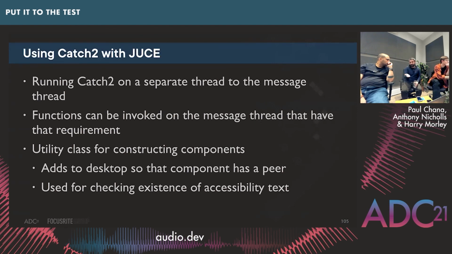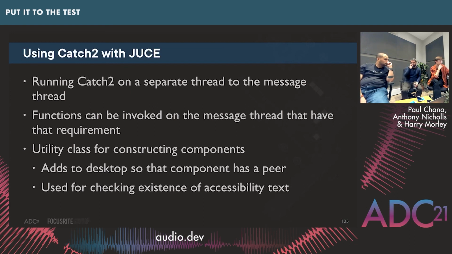And the other thing is that add to desktop has to happen on the message thread. And then on top of that, you have to make sure you've destructed the object on the message thread as well. So you have to construct it, add to desktop, and destruct it on the message thread. And that was making our tests look quite gnarly. So we basically made a templated class that you can say, hey, here's the component I want to test, and then you can pull the component back out of that.